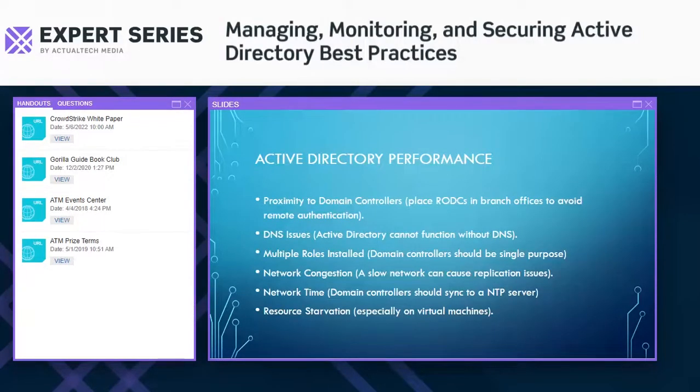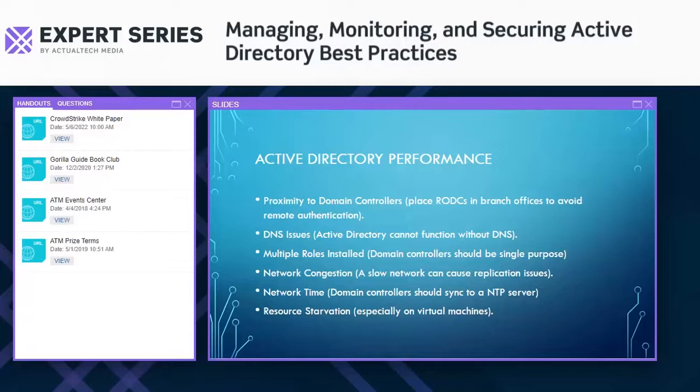So one of the things that you can do to address Active Directory performance problems is look at the proximity of domain controllers to your users. This is particularly true if you have users that are working in remote locations or branch offices or things like that. If at all possible, if you've got users working in a branch office, put a read-only domain controller in that branch office so that way users aren't having to pass over a WAN link in order to authenticate or to perform other types of Active Directory queries.